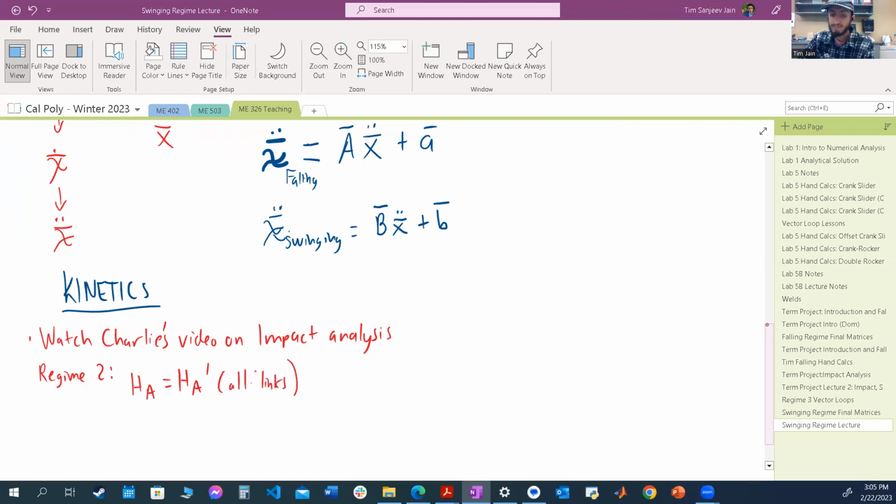That's the angular momentum of the reaction point. And then HC is equal to HC prime. That's links 2 and 3. And HD is equal to HD prime. That's link 3.